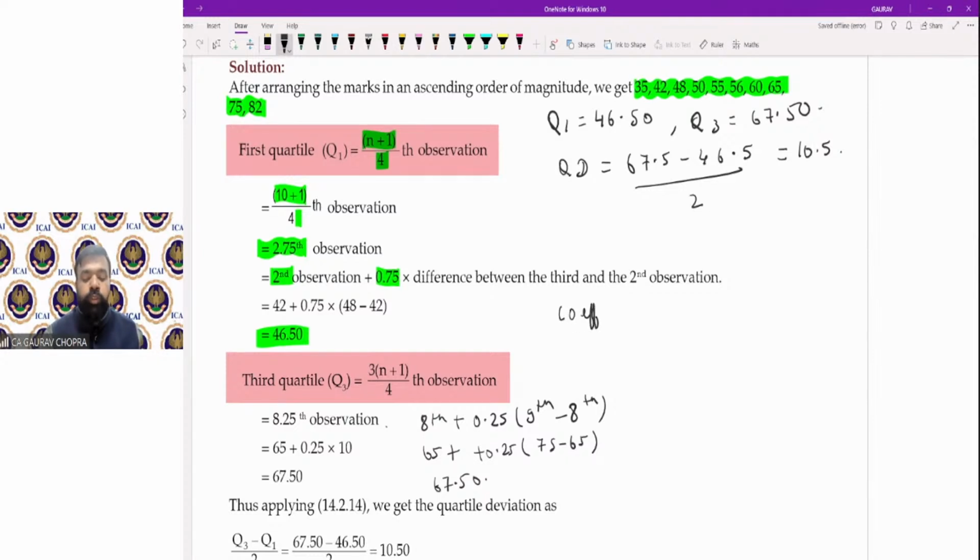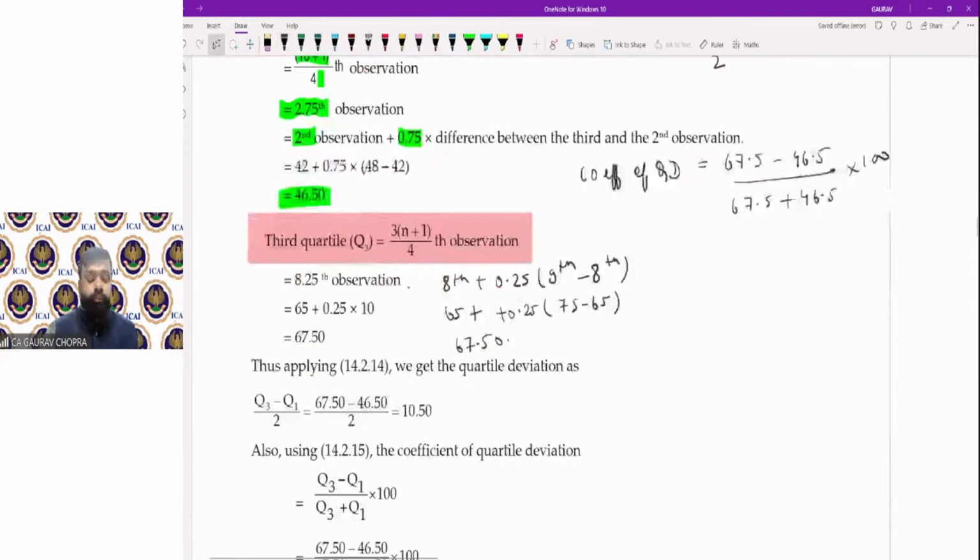And for coefficient, 67.5 minus 46.5 divided by 67.5 plus 46.5 into 100.